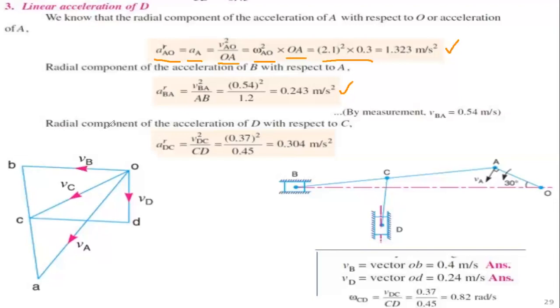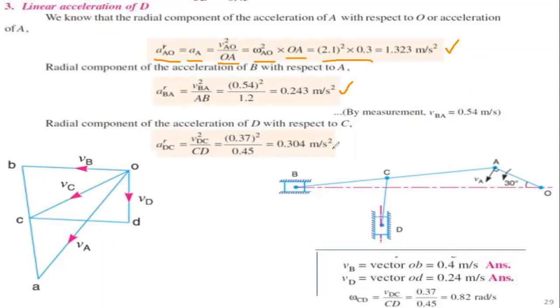Next, the radial component of the acceleration of D with respect to C. So we are taking the radial component of the acceleration DC. Therefore, velocity of DC square by CD is equal to 0.37 whole square divided by 0.45.